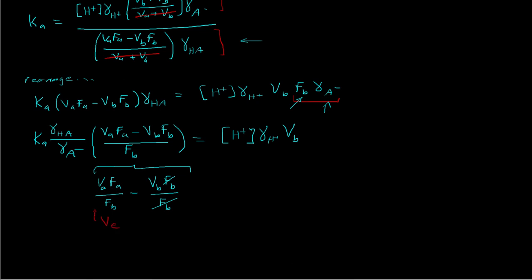So now, clearing out some of the clutter, I have Ka gamma HA over gamma A minus times (VE minus VB), and that equals H plus, gamma H plus, times VB.